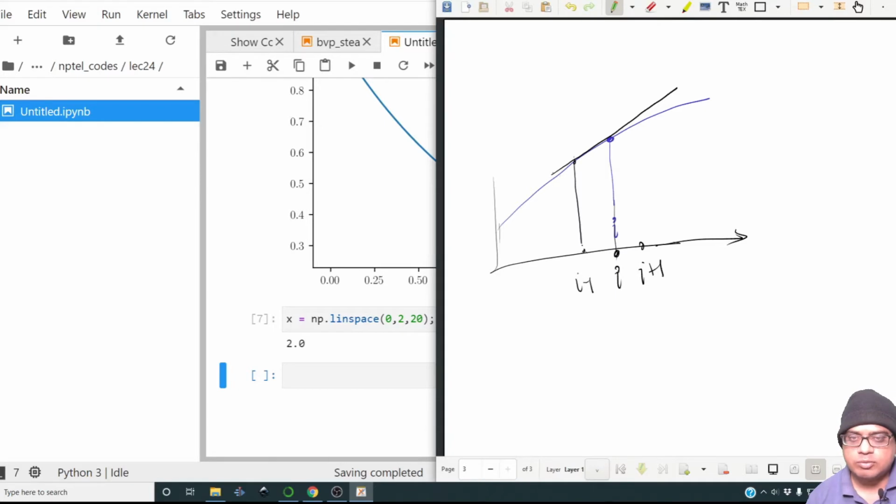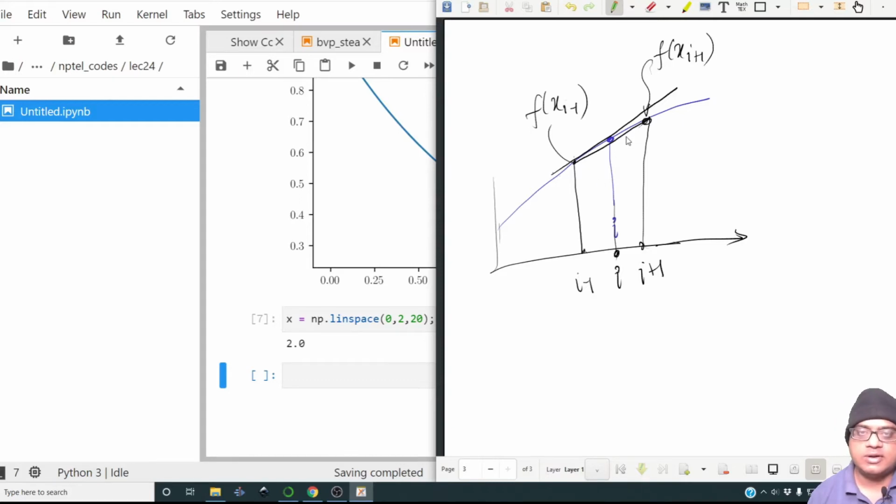So this point is f of xi minus 1, and this point is f of xi plus 1. I can approximate it by taking a difference between these 2 points. That is the central difference. I can approximate it between these 2 points. This is the forward difference. I can in fact approximate it using these 2 points as well. That is the backward difference.